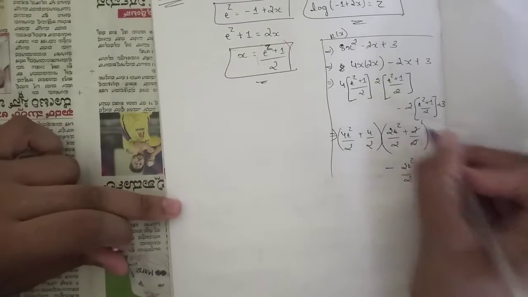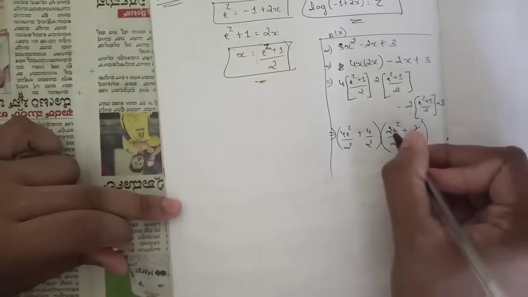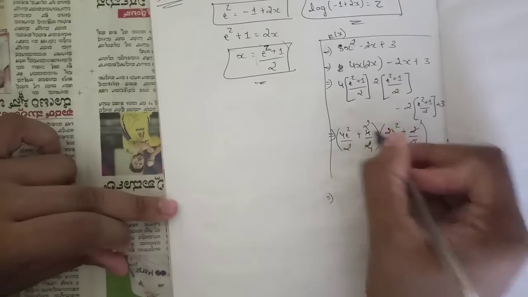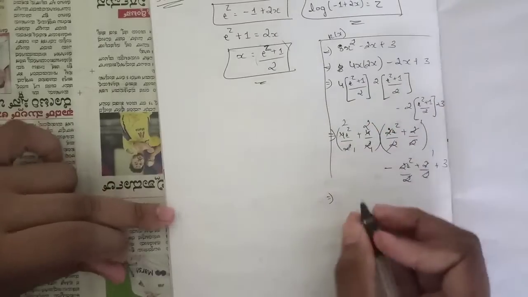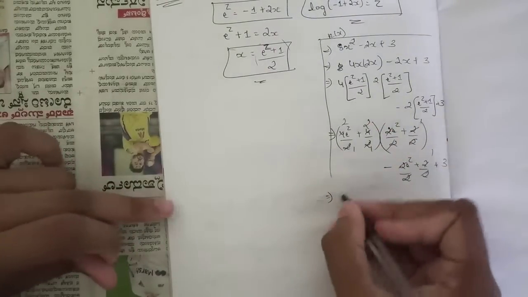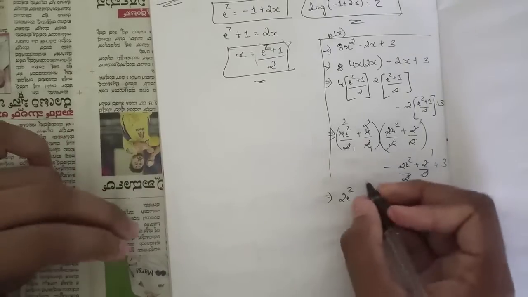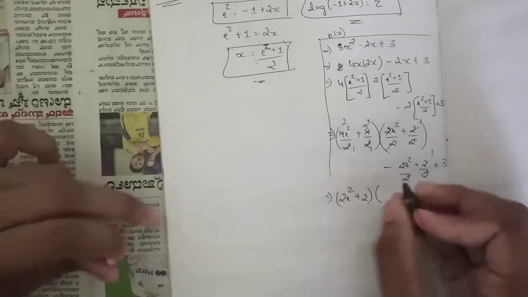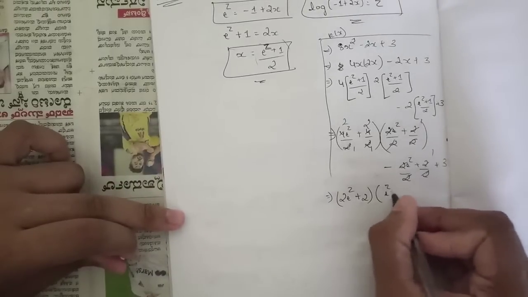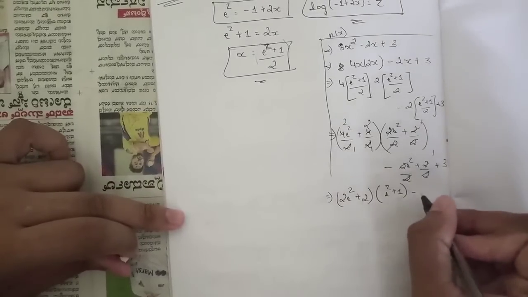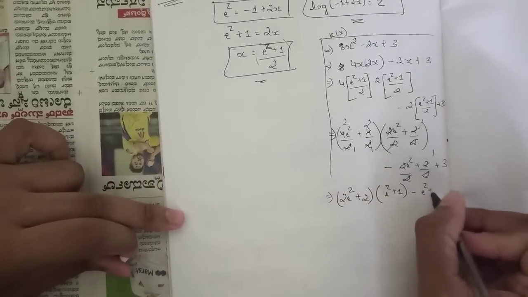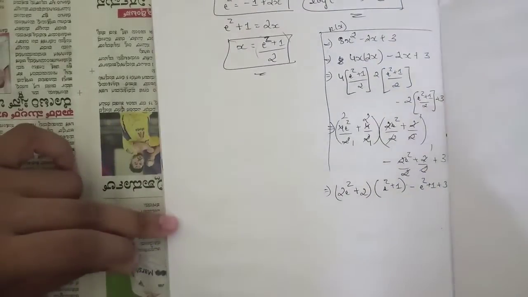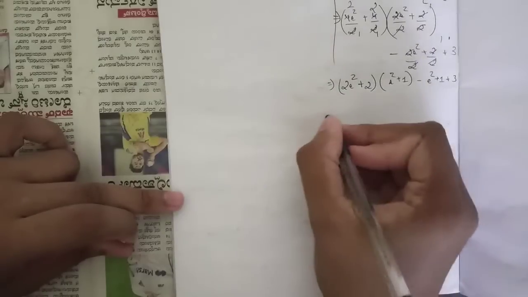Here 2 by 2 will become 1, and this is again 1. So the left out terms are 2 e power z plus 2 into e power z plus 1, minus e power z plus 1, plus 3. We need to be very careful in solving this.